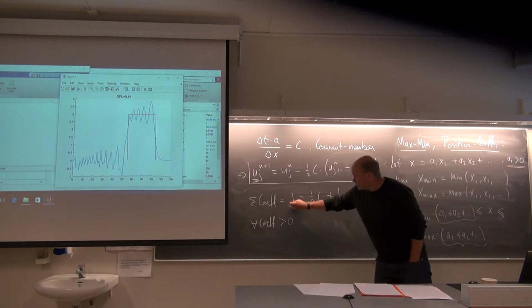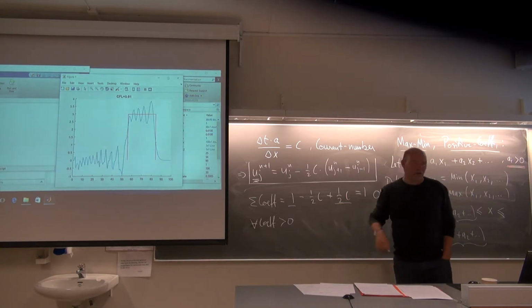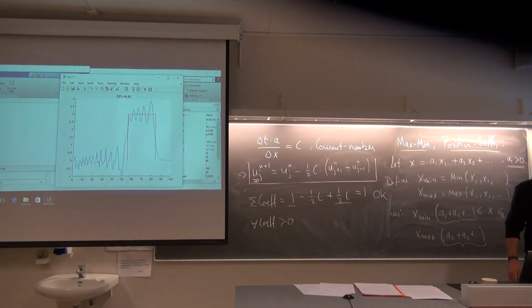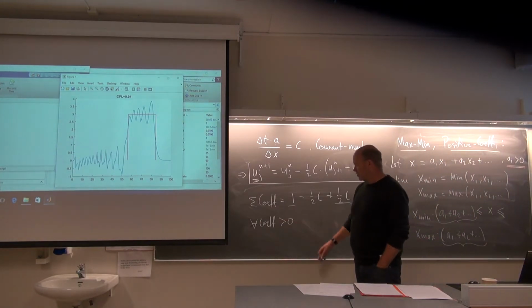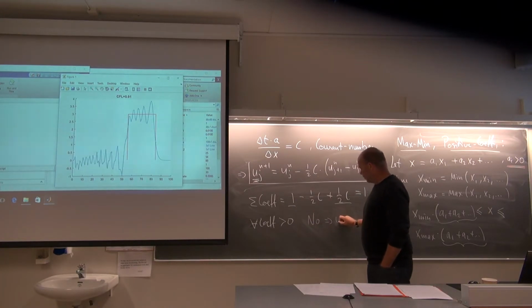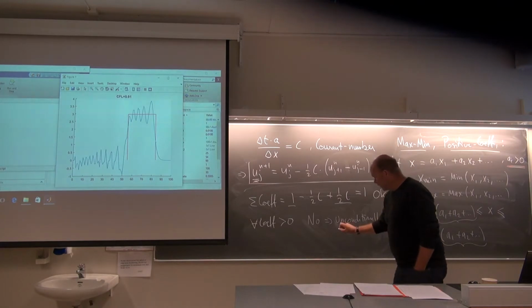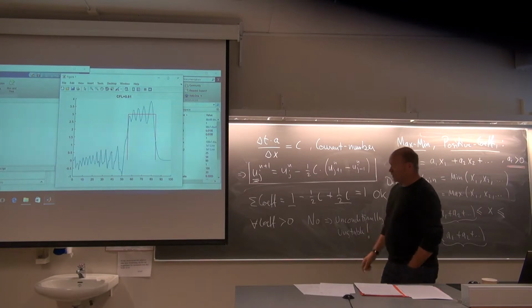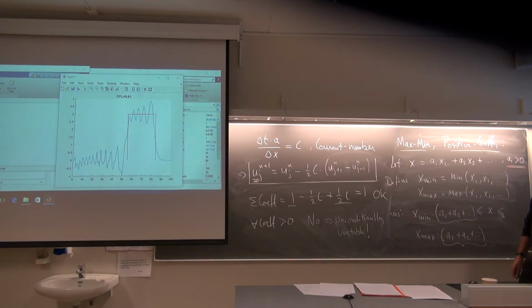Meaning the first coefficient, no problem, and the last one, no problem, but the one in the middle, that's impossible. So here we just have to say all the coefficients positive, no. Meaning this is unconditionally unstable.